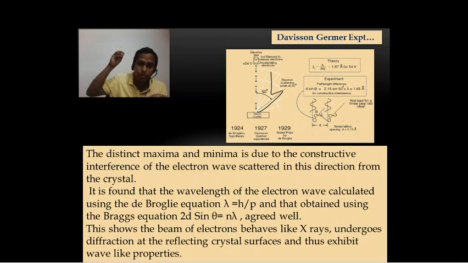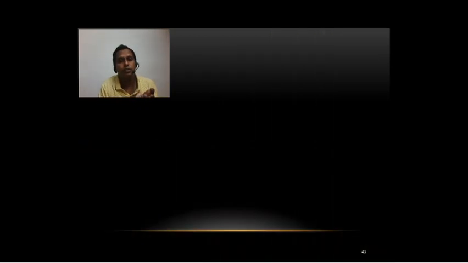In the photoelectric effect, the incident one is a wave, and what we get is a particle. So the photoelectric effect demonstrates the particle nature of waves, and the Davisson-Germer experiment demonstrates the wave nature of particles. That's about the Davisson-Germer experiment.